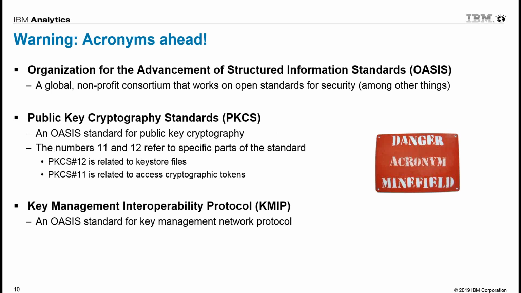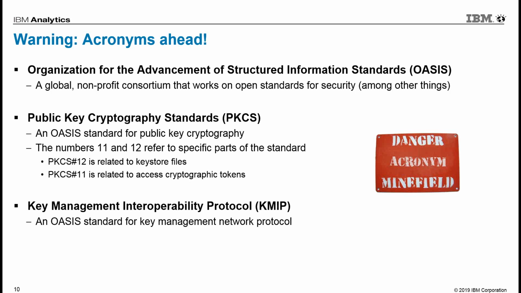There's a few acronyms up ahead, and rather than explain them all the time, I put one slide here right up front. OASIS is the Organization for the Advancement of Structured Information Standards. Basically, this is the group that sets up the standards for security, and they've published a couple of things that are being used. PKCS, Public Key Cryptography Standards.